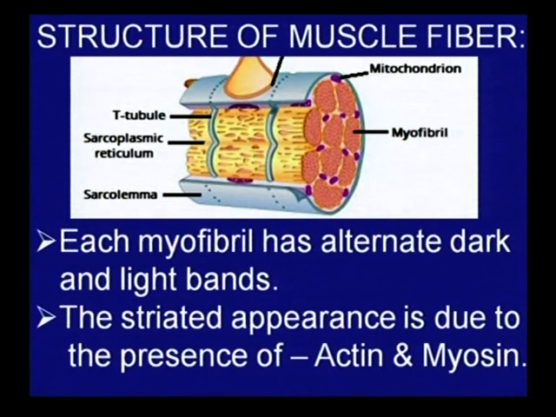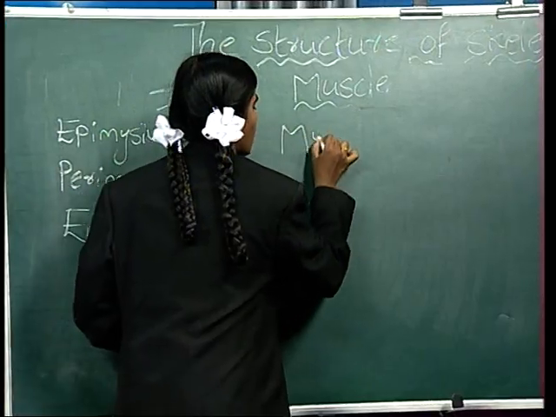Friends, the muscle fiber has a striated appearance. This is because of large filaments, and those filaments are called myofibrils.